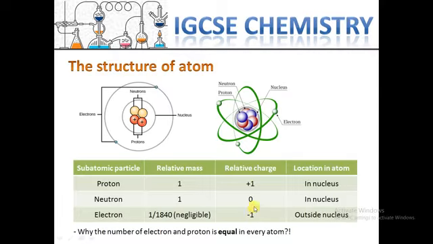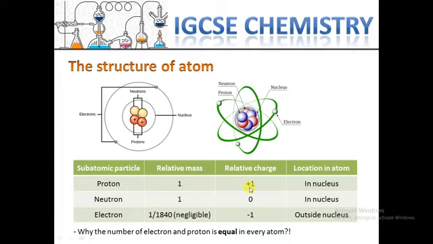Each proton has +1, and each electron has -1. So the atom is neutral because each atom has the same number of protons and electrons.